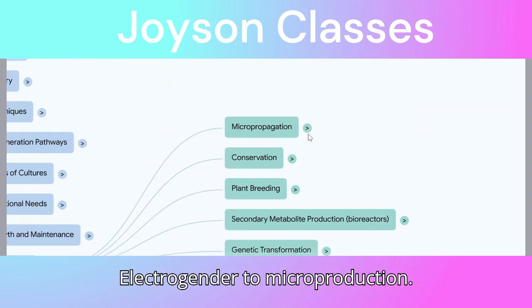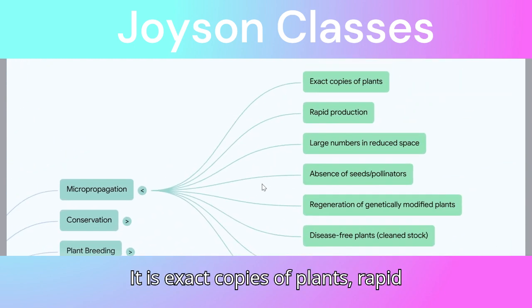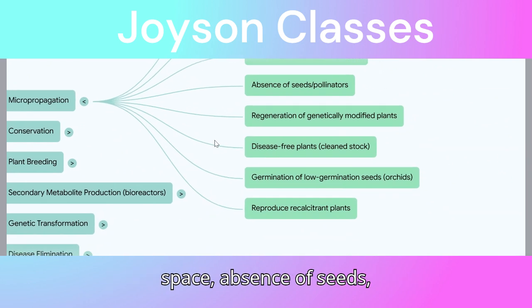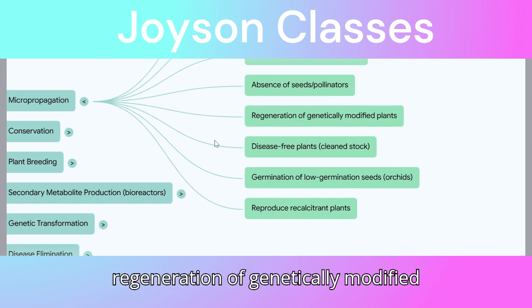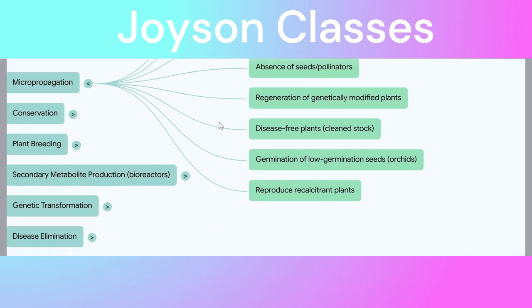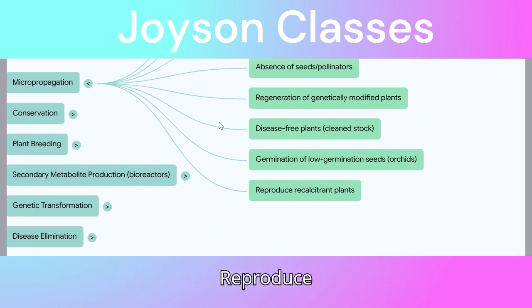Let's look into micropropagation. It gives exact copies of plants, rapid production, large numbers in reduced space, absence of seeds, regeneration of genetically modified plants, disease-free plants, germination of low germination seeds, and reproduction of recalcitrant plants.